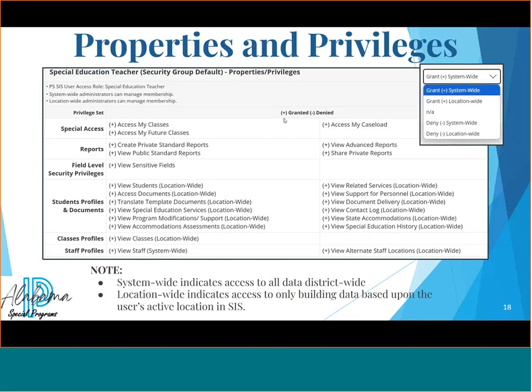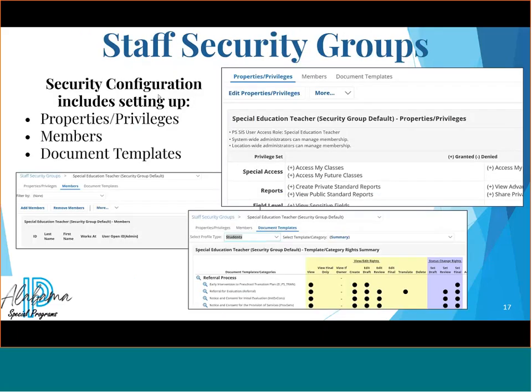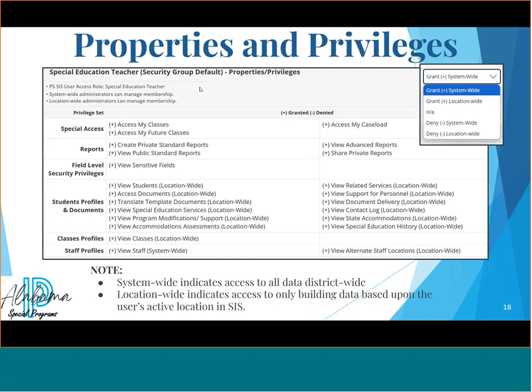On the next few slides is a list of the properties and privileges that you will see under this heading, properties and privileges, okay? I have included these slides not really to go over with you, but for you to use as reference. Each one of these privileges, you may think, oh, access my classes, what does that mean?